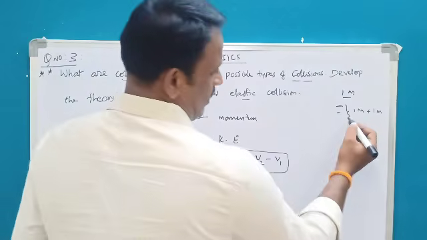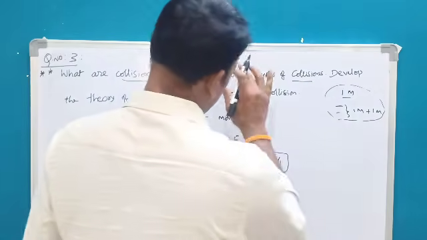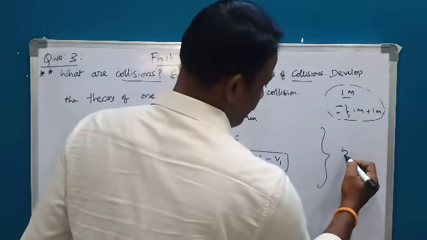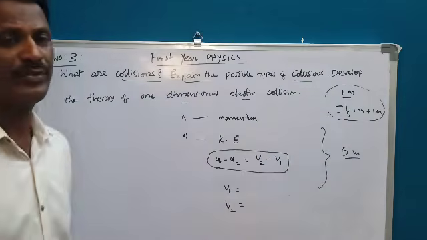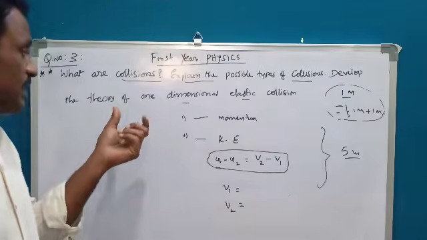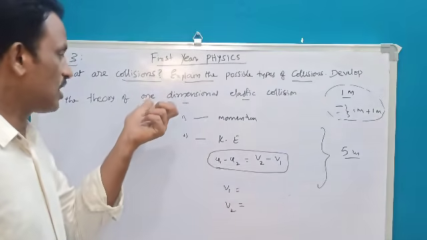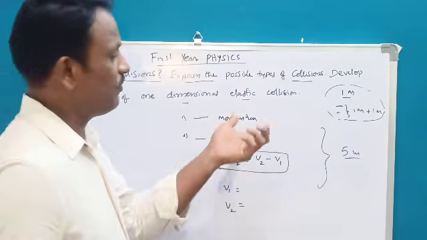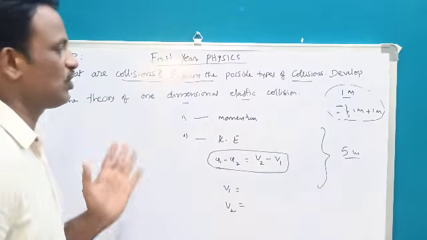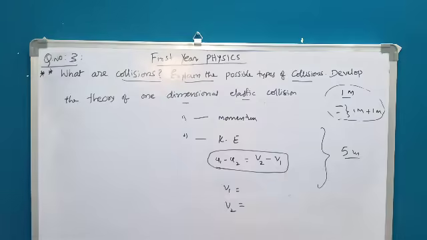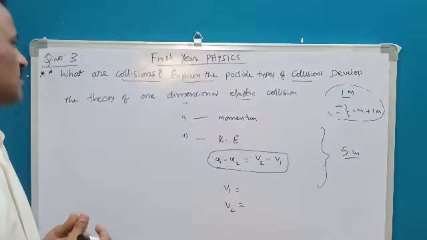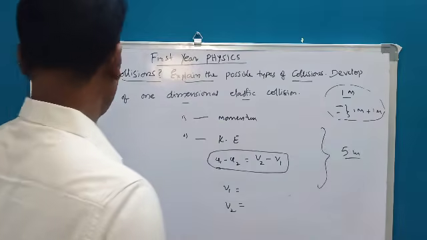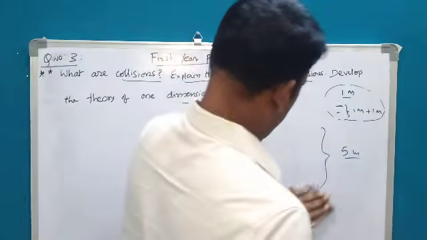So here you are going to get 3 marks for the definitions, and for developing this theory you will get 5 marks, or maybe sometimes 4 marks only if he is specifically mentioning marks for the one-dimensional definition also. So in this way we can distribute the marks for this question. Now let us see what collisions are first, and then we will move towards the different types slowly and steadily.